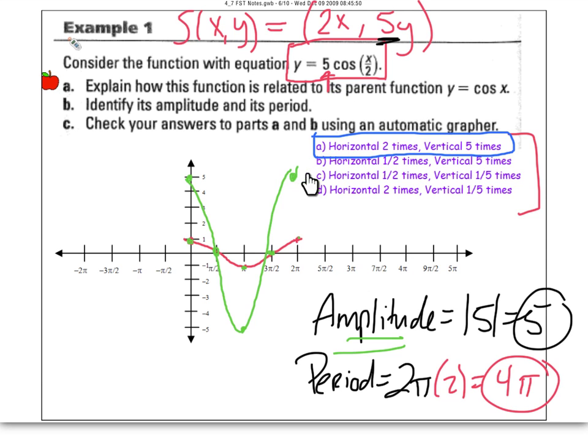So let's take this point and actually stretch it way over here, and let me just mark that as being my 4 pi right there. Now it's still going to stay right here because that's where it started. Now remember what the cosine function looks like. It starts here, goes all the way down, and then comes back up. So right in the middle it goes down. So where's my new middle? Well, if I start at 0 pi and I go to 4 pi, that means 2 pi is my middle.